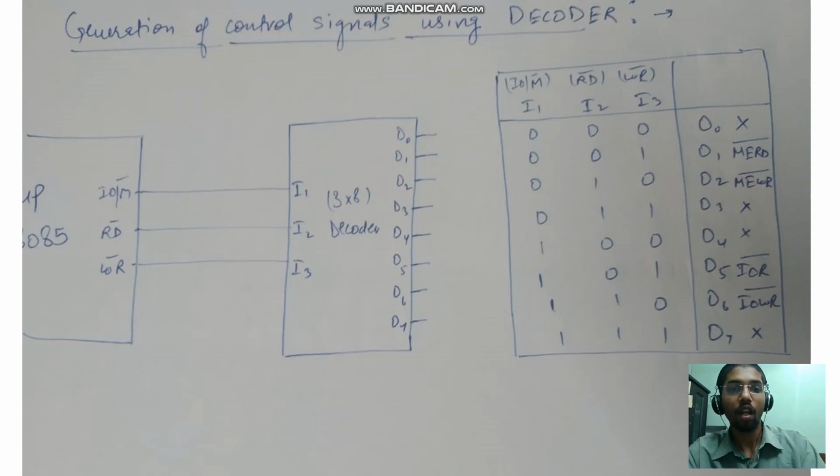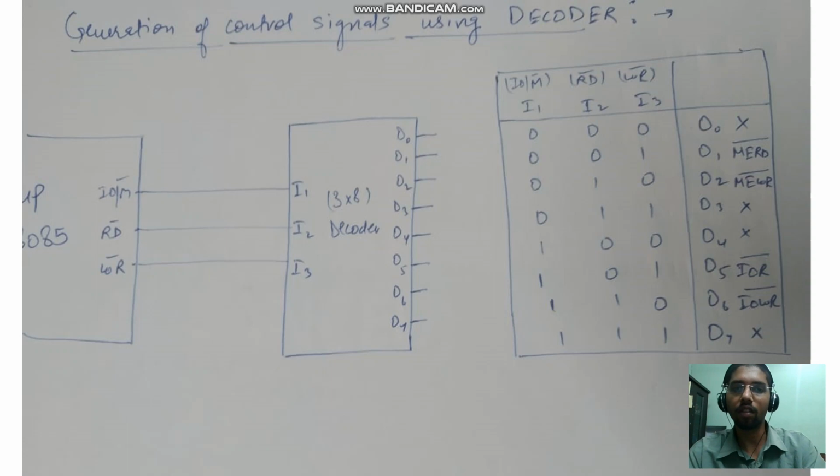Then we'll interface the microprocessor with the decoder. IO/M bar will be input 1, read bar will be input 2, write bar will be input 3, and the output lines will be O0 to O7.